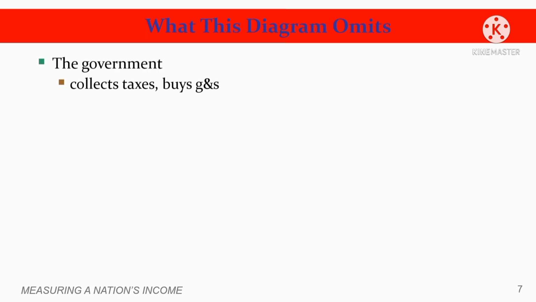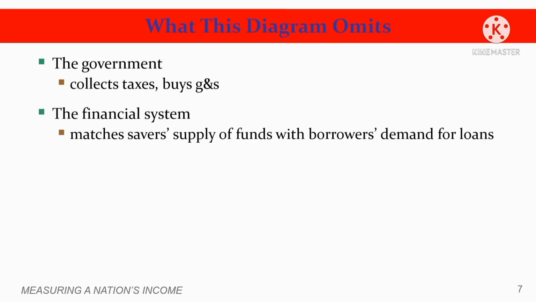Again, the diagram omits the government, so the activity to collect taxes or buy goods and services is not included. Then the financial system, which matches the savers' supply of funds with borrowers' demand for loans.